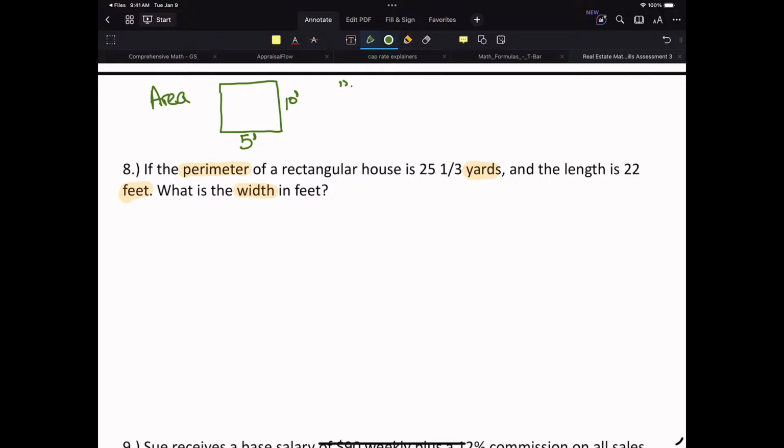If this was 10 feet, this would be 5 inches, the double mark means inches, but that's not what I want to deal with right now. It's 5 feet by 10 feet. Well, what we do is we go area equals length times width. So 5 times 10 equals 50 feet squared, or 50 square feet. That's telling us, okay, I'm coloring this in. If I was painting this, that's how much paint I would need.